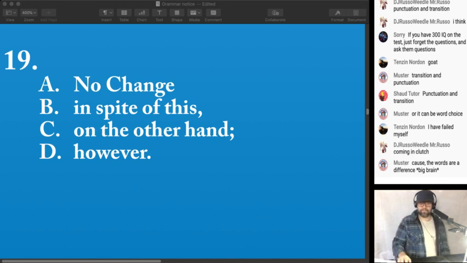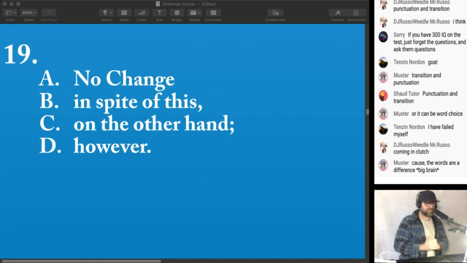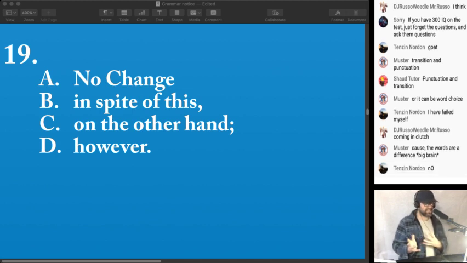That's it. Because the words are different, right? Yes. It cannot be word choice because yes, the words are different, but all of the words are transition words. In spite of this is a transition phrase. On the other hand, transition phrase. So what's being changed are transitions. Now, if you notice that words are being changed and it's adjectives, or it's just proper nouns, then you know you're in a word choice thing.